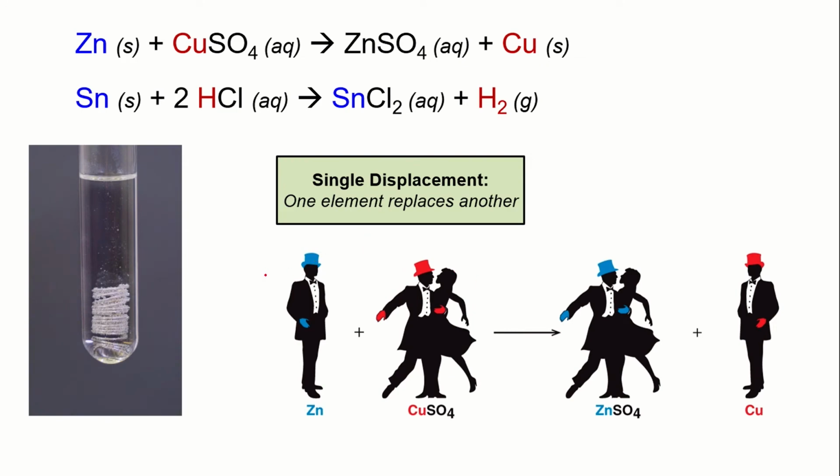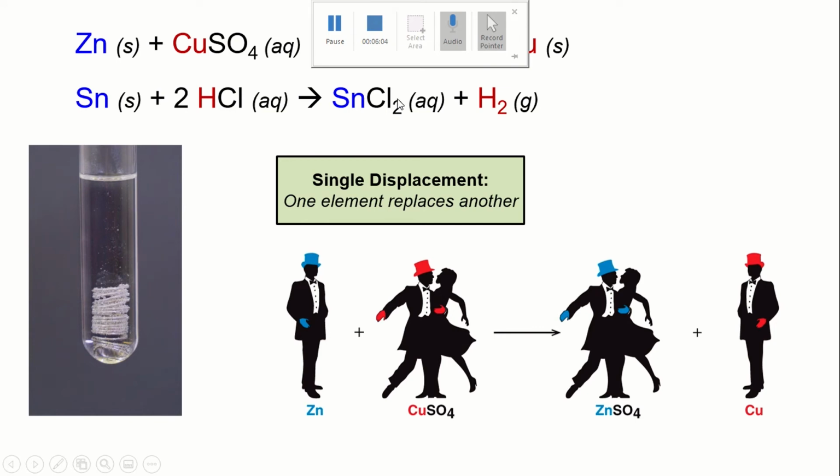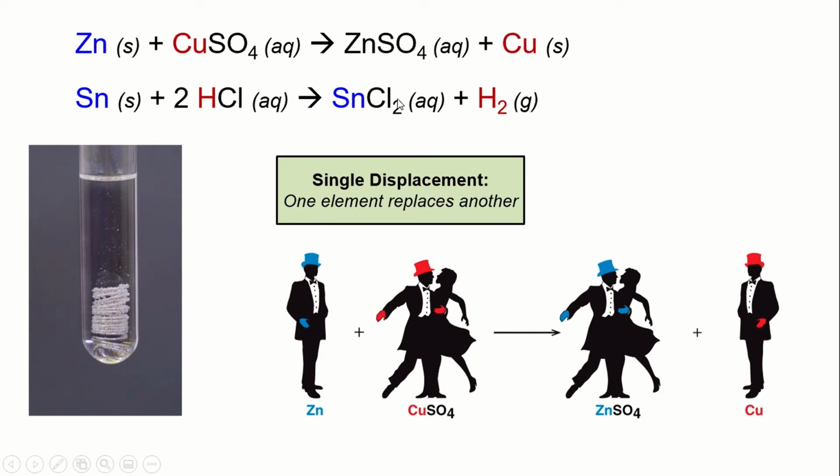So double displacement can also be shown like this. You can see what is being exchanged is the sulfate ion. Initially in this reaction, sulfate is sitting with copper. On the product side, you can find sulfate sitting with zinc instead of copper.